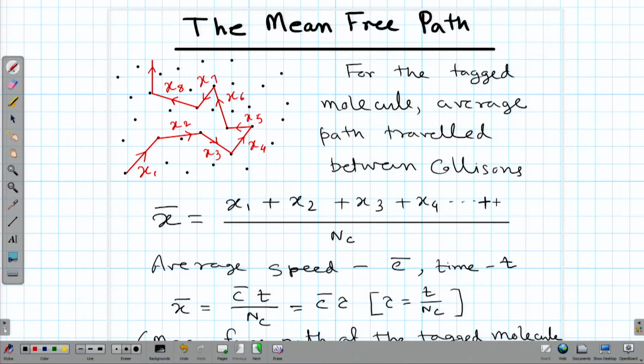So, finally, we have x nc. Now, the average distance travelled between two successive collisions for this tagged molecule will be the average of all these numbers: x1 plus x2 plus x3 all the way to x nc, divided by nc, nc being the total number of collisions.